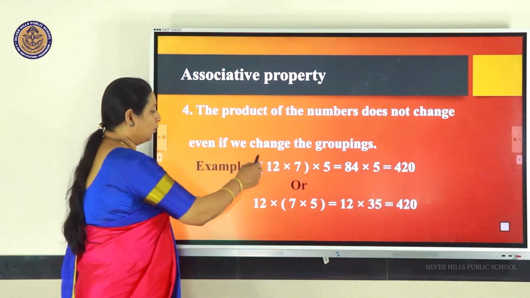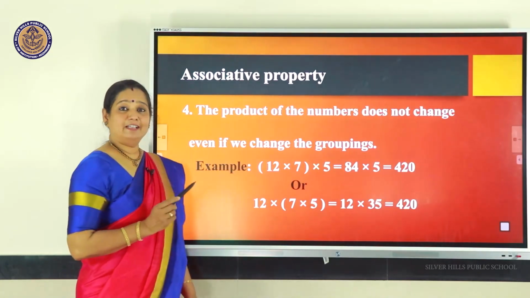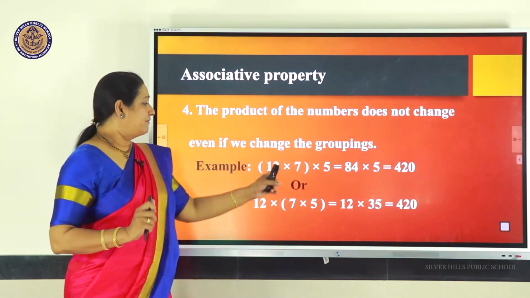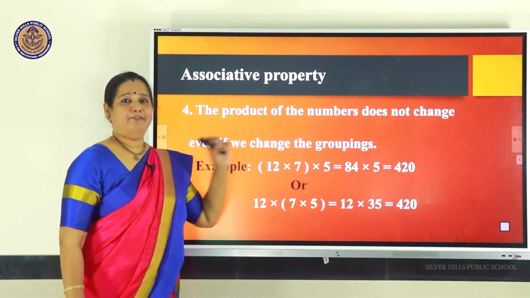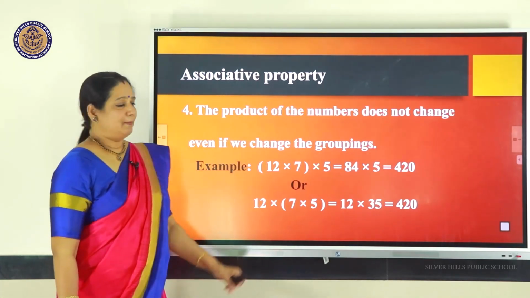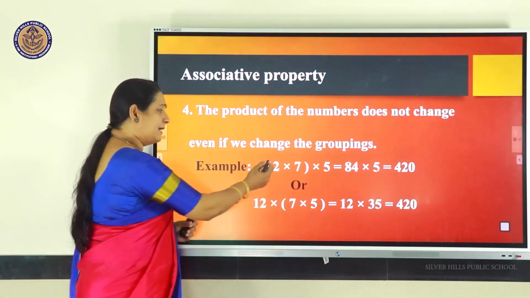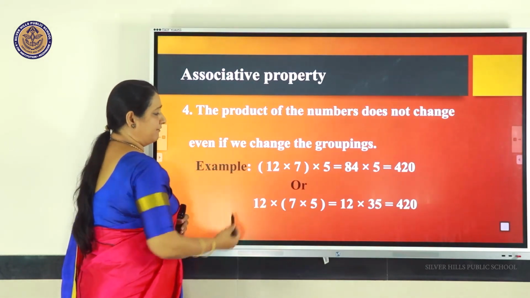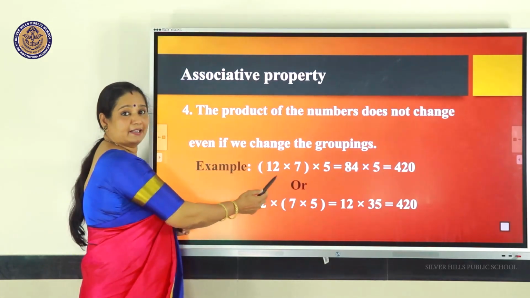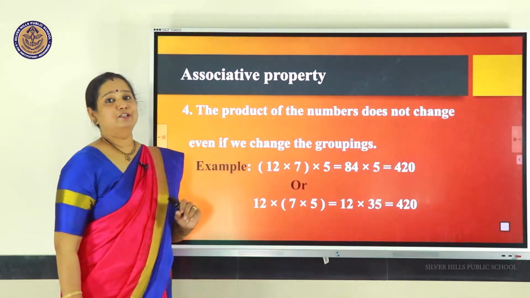Here we have grouped first 12 into 7. We know that 12 into 7 is 84. When you multiply 84 by 5, you will get 420. But look at the second one. I have changed the grouping. Same numbers are there, 12, 7 and 5. Instead of multiplying 12 into 7 first, here I have multiplied 7 into 5.